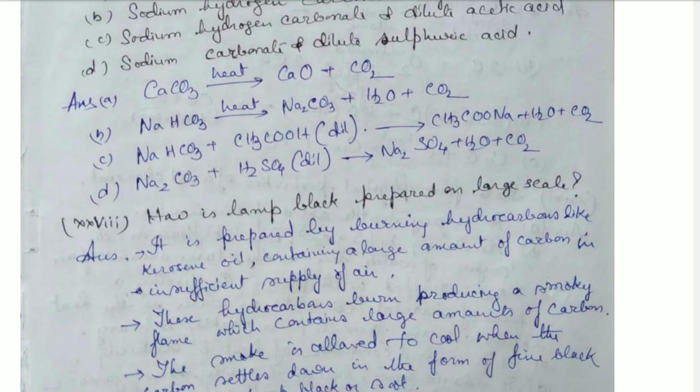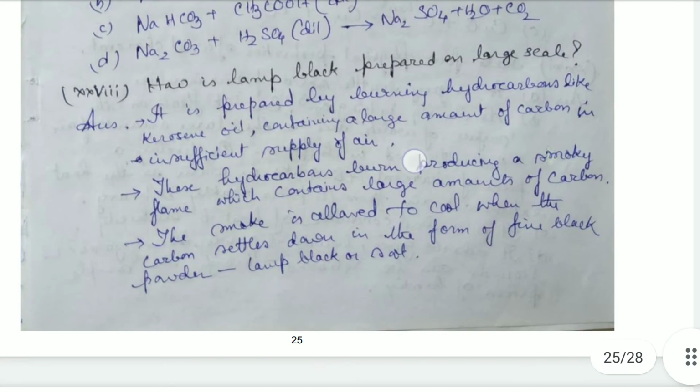Then how is lamp black prepared on a large scale? To prepare lamp black, we burn hydrocarbons like kerosene oil, which contain a large amount of carbon, in an insufficient supply of air. These hydrocarbons burn, producing a smoky flame which contains large amounts of carbon.